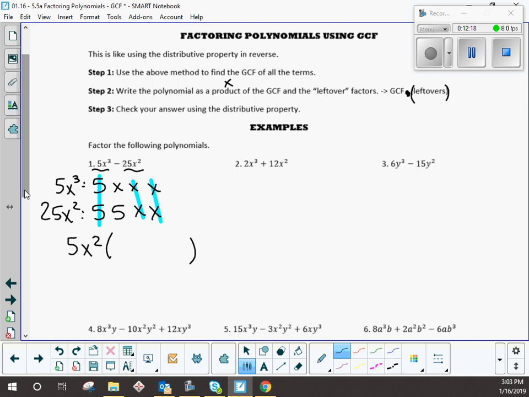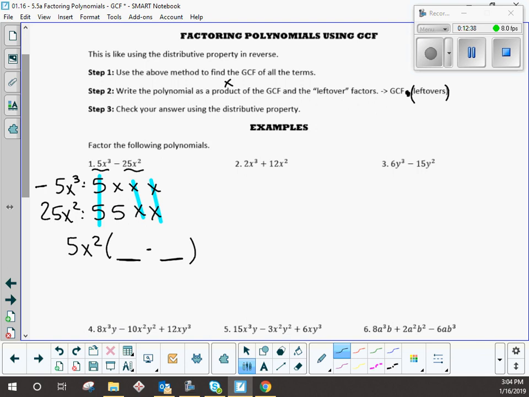But when I say the leftover factors, what I mean is one thing at a time. We're not combining all the leftovers together. I'm going to do first the leftovers of the first term, minus, that minus comes from the problem, the leftovers of the second term. This answer is going to look like this format.